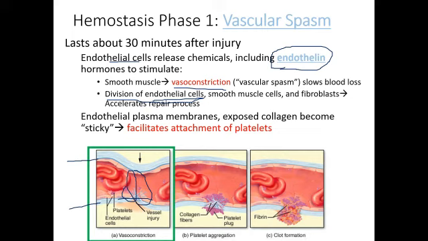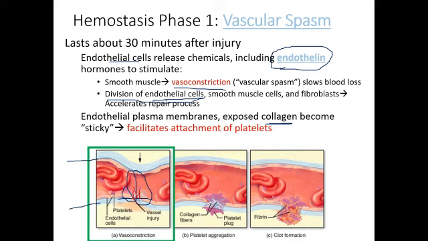What's also happening is that when this tissue is damaged, it exposes collagen. Collagen is just naturally part of the extracellular matrix, and when the tissue is disturbed in such a way, the collagen becomes disorganized, and we can actually see that in this diagram that I drew over.